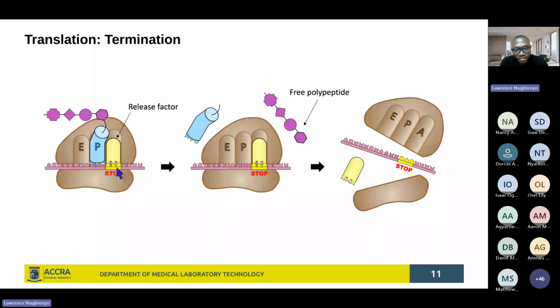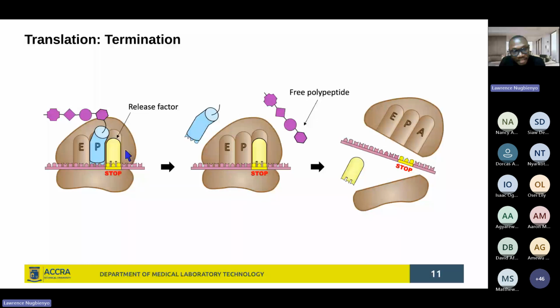It's not like it's some nitrogenous bases that are coming to bind on that stop codon. Because of how it is depicted, you might think that it's some nitrogenous bases binding onto the stop codon, but actually it's a protein that just comes to block that site, and so the process doesn't continue again.